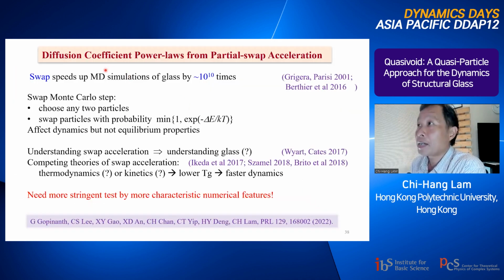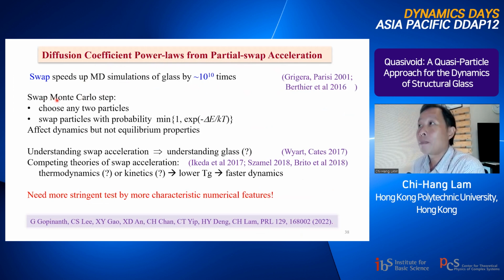Now we come to a second example, the diffusion coefficient power law from the particle swap algorithm. Recently, there has been much interest to add particle swap to a standard molecular dynamics simulation of glass, because that can speed up the simulations by up to 10 orders of magnitude.